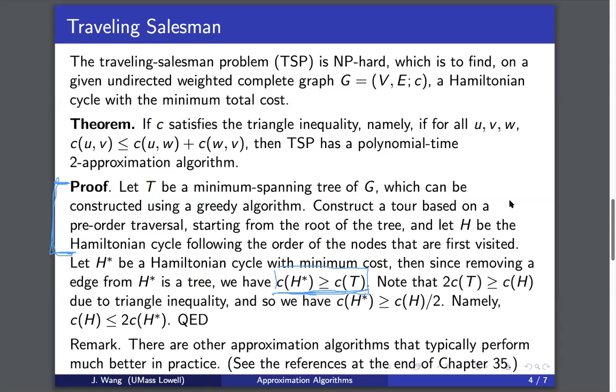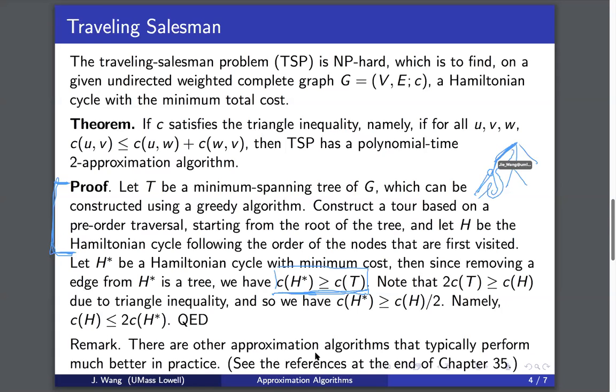Now, we know that for this cost of T, we multiply by 2 because we remember each edge is traversed twice, right? Remember the tree like this, right? So each edge, you go down, so you go back.